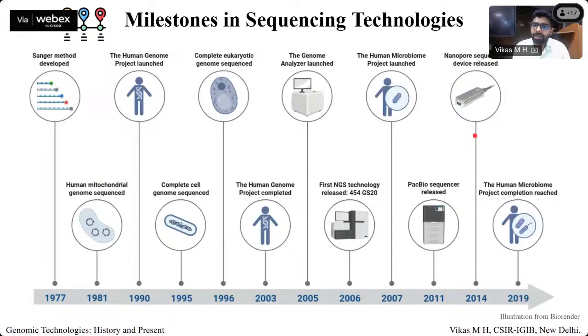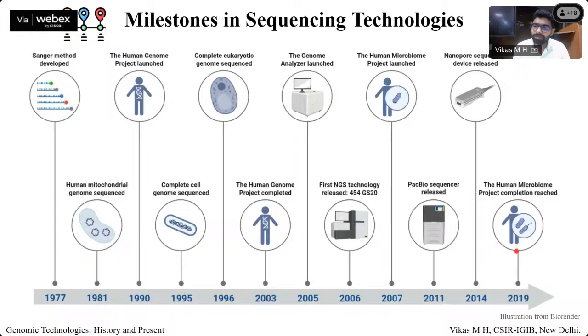With the invention of nanopore sequencing devices and PacBio sequencers, longer fragments of DNA became possible. These technologies gave us the chance to analyze very long lengths of DNA at the same time.